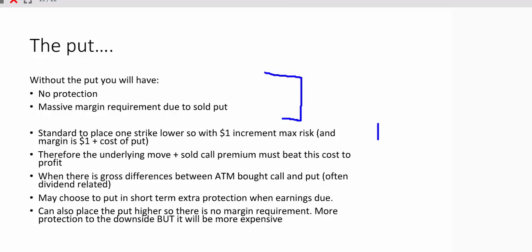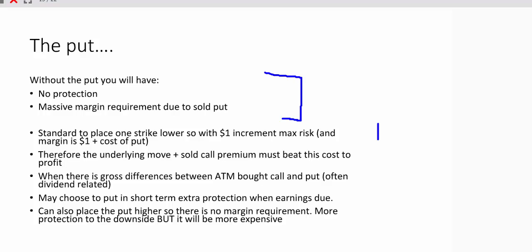Sometimes, if we enter a trade, we'll see a gross difference between the cost of the call and the cost of the put. Usually the put is more expensive, and this is usually due to dividends that are due. So you see this particularly on high yielding stocks. That's okay. You end up actually being paid to hold the position. It's actually a net credit position, buying the call and selling the put when that's the case.